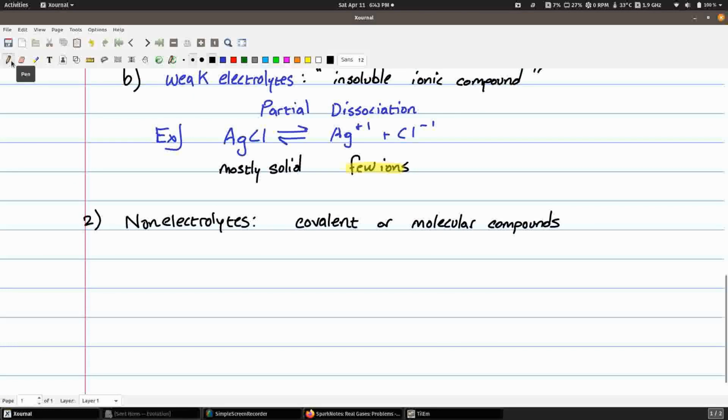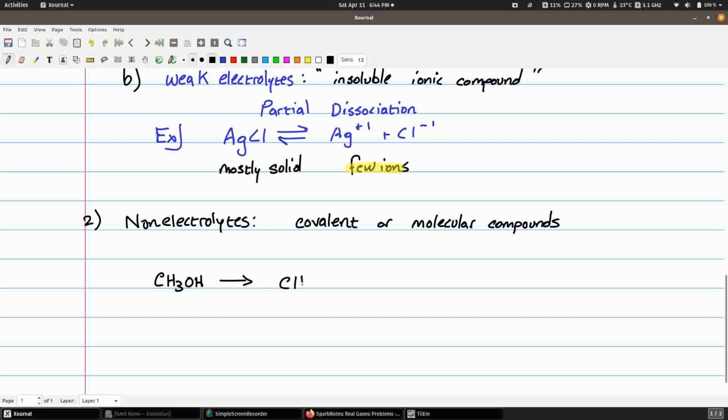So with non-electrolytes, you have covalent or molecular compounds. They have no dissociation or ions. So an example would be CH3OH.